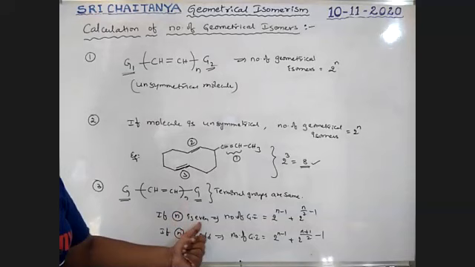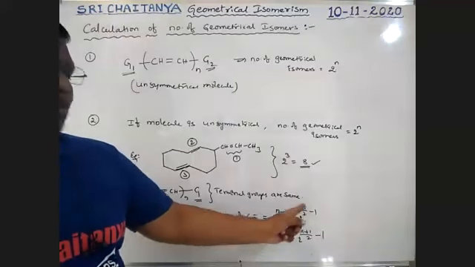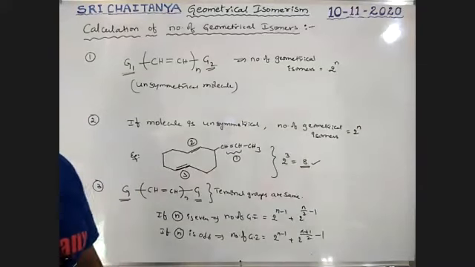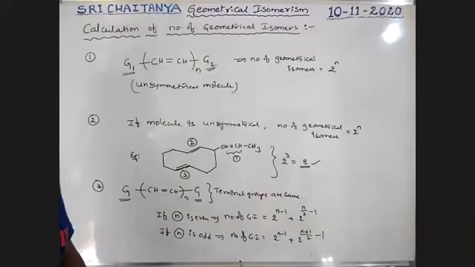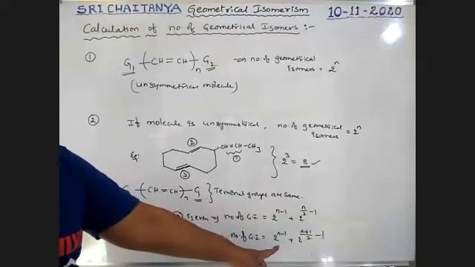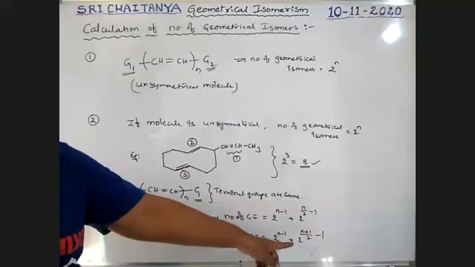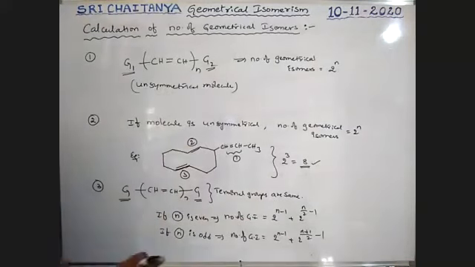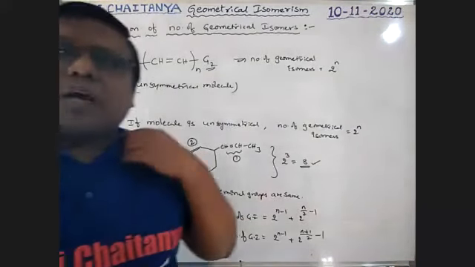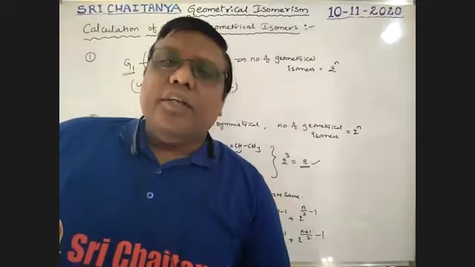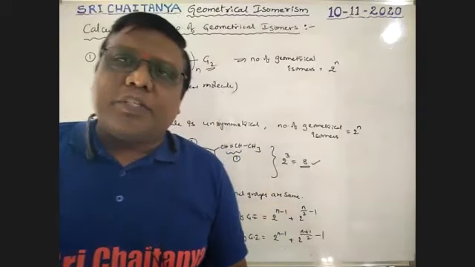If it is even, 2 power n minus 1 plus 2 power n by 2 minus 1. If n is odd, 2 power n minus 1 plus 2 power n plus 1 by 2 minus 1. So these are the formulae used to calculate the number of geometrical isomers. Let us discuss one by one with examples.